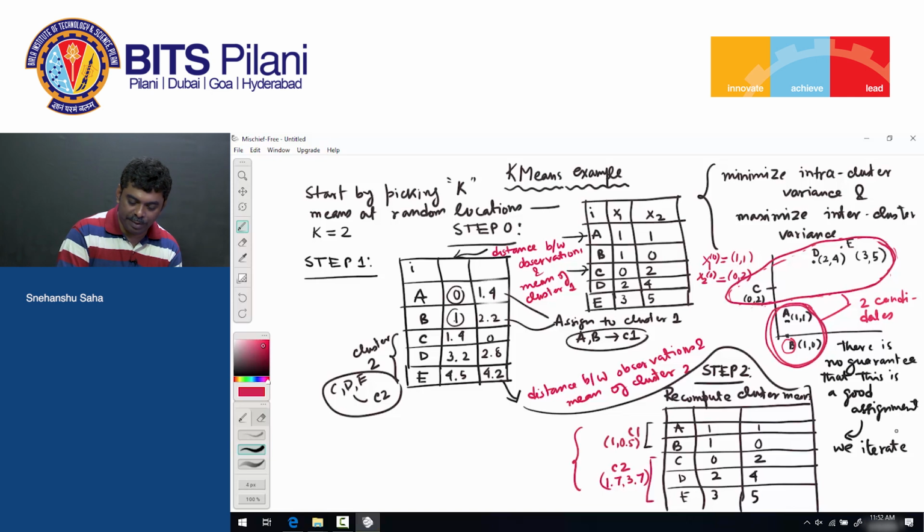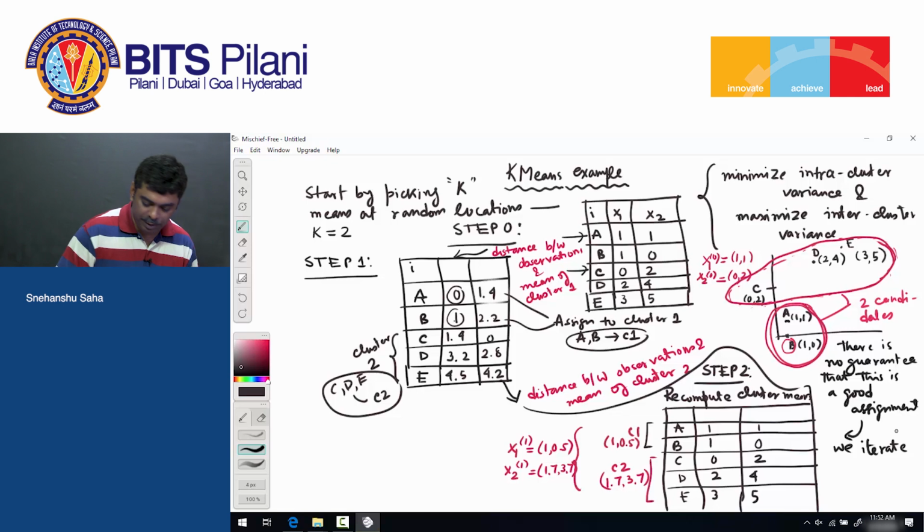However, when we have updated and recomputed, I have updated my iteration number, so I should rewrite it as 1, 0.5 and 1.7 and 3.7. So far so good.